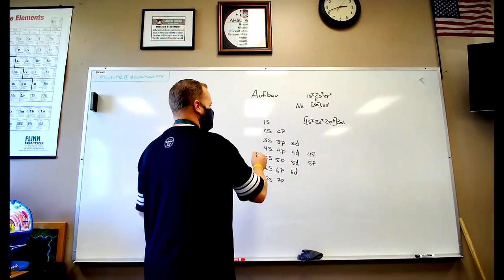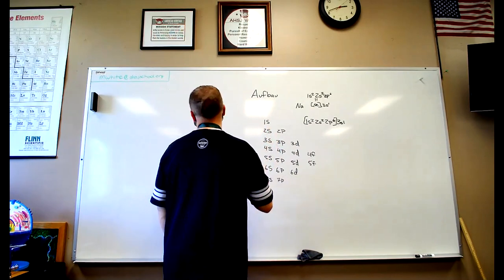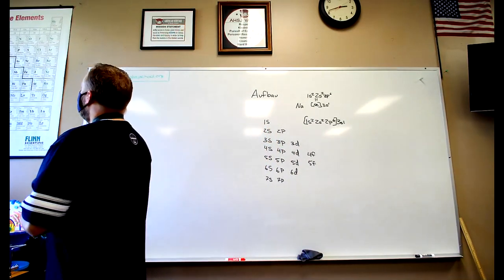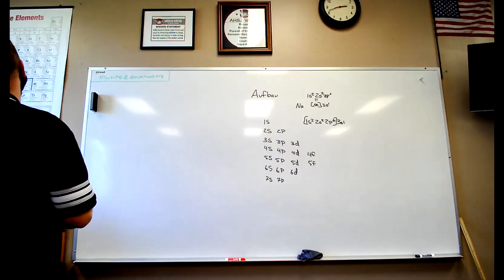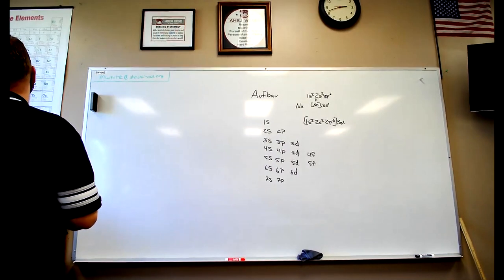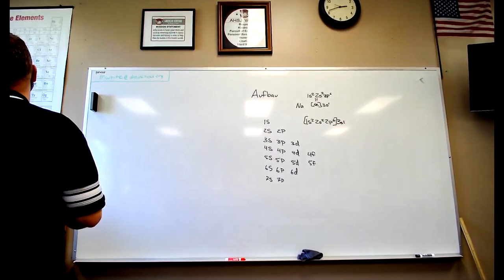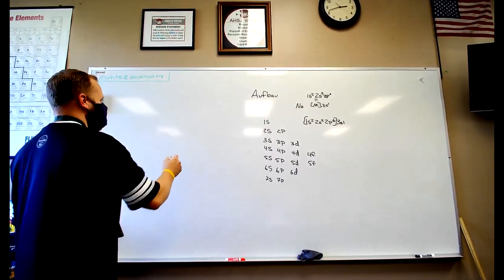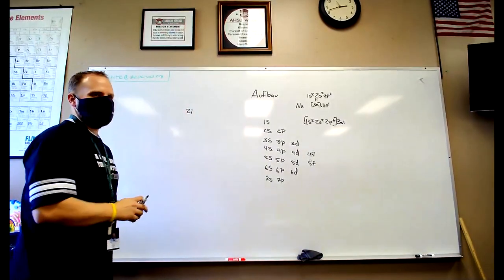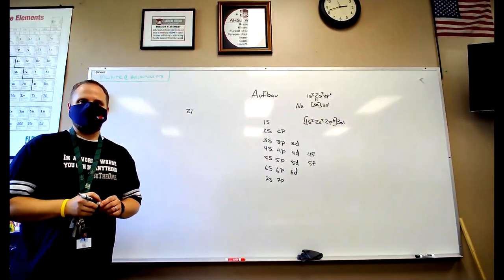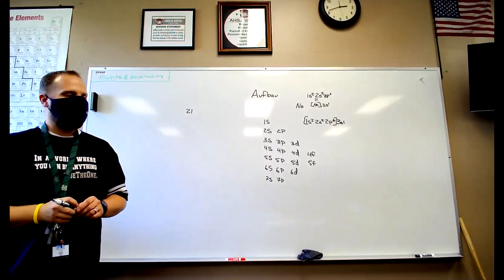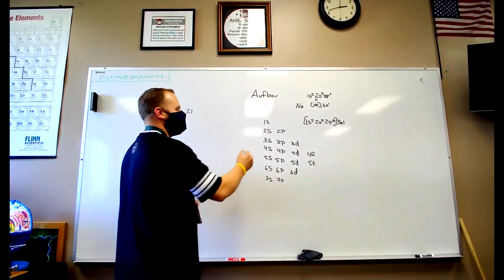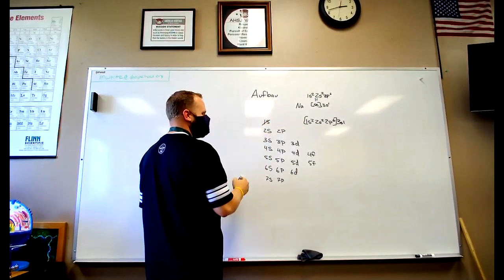Okay? And what I mean by that, so let's pick a nice big element. Let's pick scandium, which is 21. So we need to account for 21 electrons. Okay. So 1s is always first.